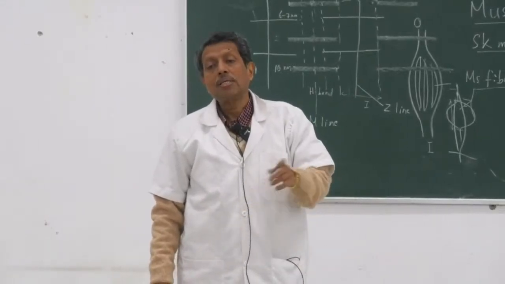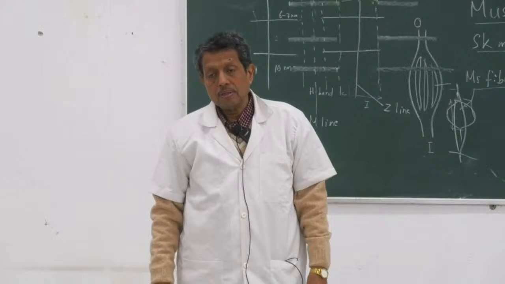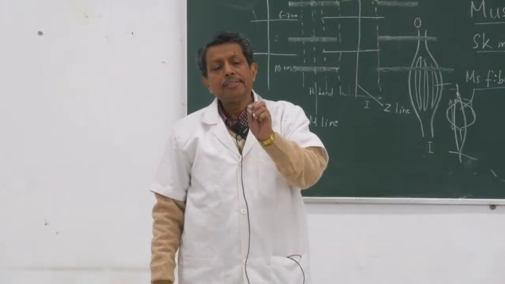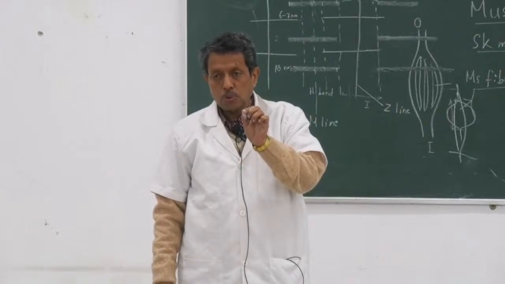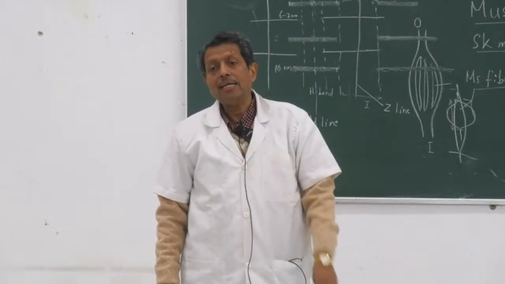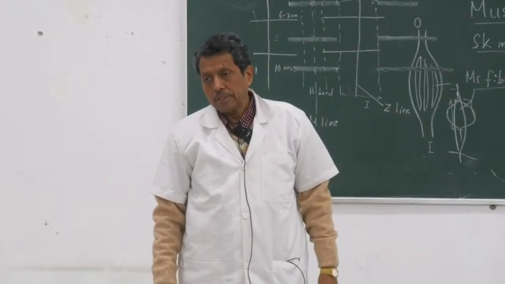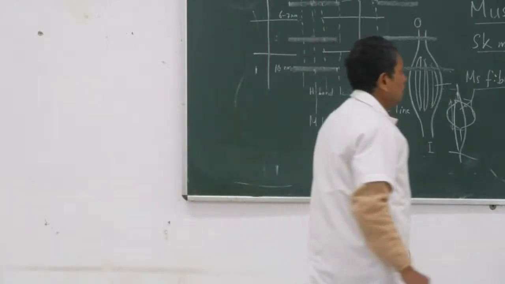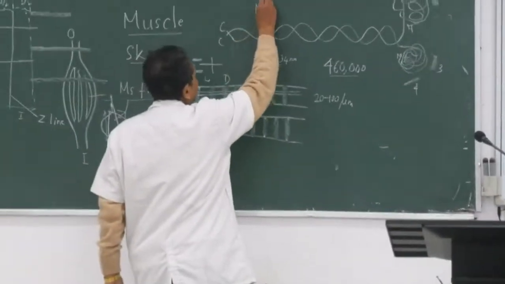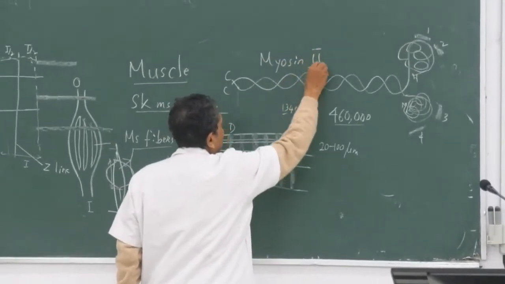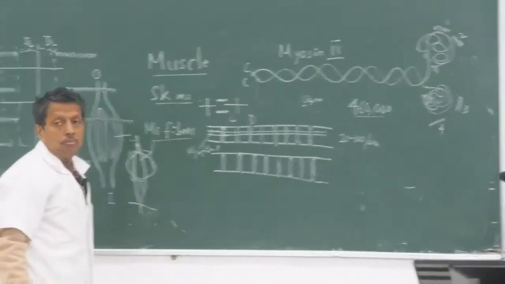In other texts, one is the regulatory chain or phosphorylatable chain. Commonly, Ganong's textbook describes them as the phosphorylatable chain and alkali light chain. This is the myosin 2 molecule.